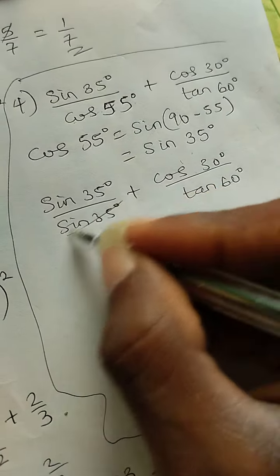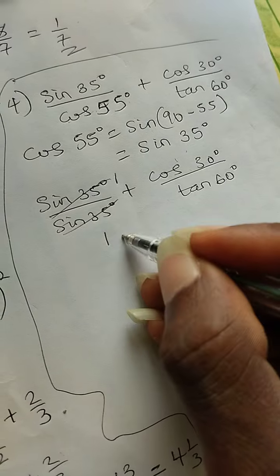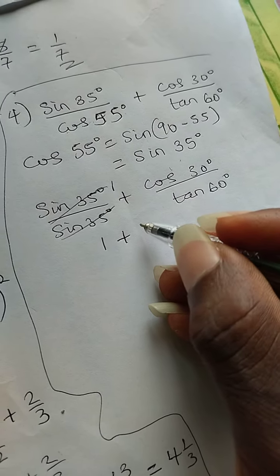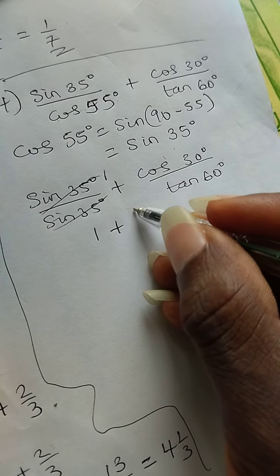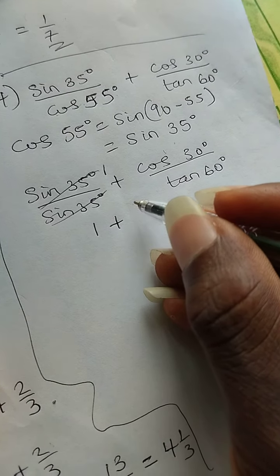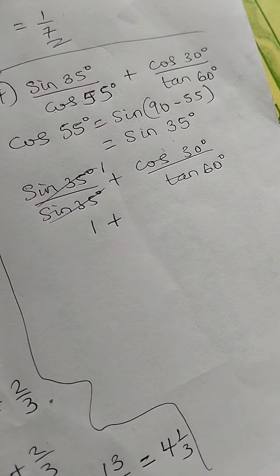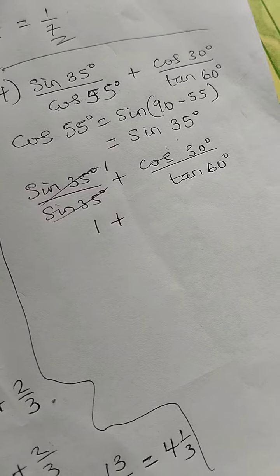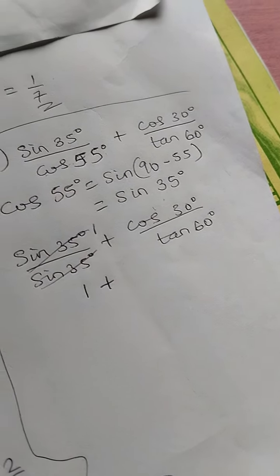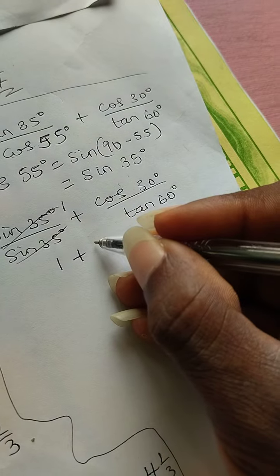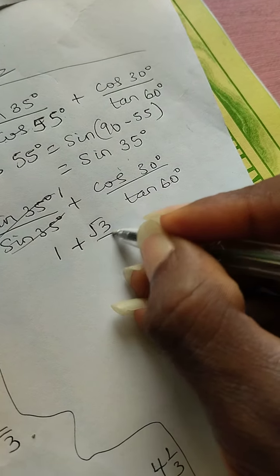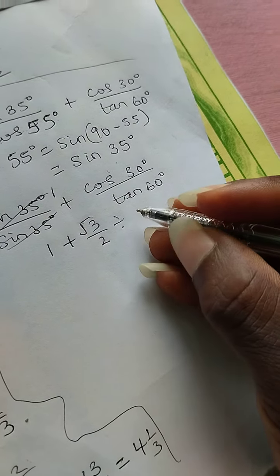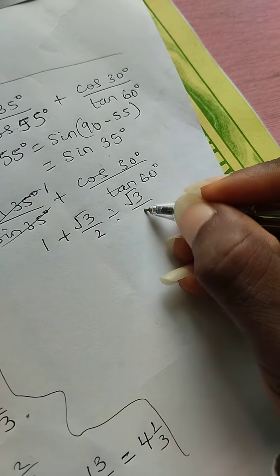So the cancellation becomes 1. It becomes 1 plus cos 30, and from our previous class on ratios of special angles, we had that cos 30 degrees was root 3 over 2, and tan 60 degrees was root 3 over 1.